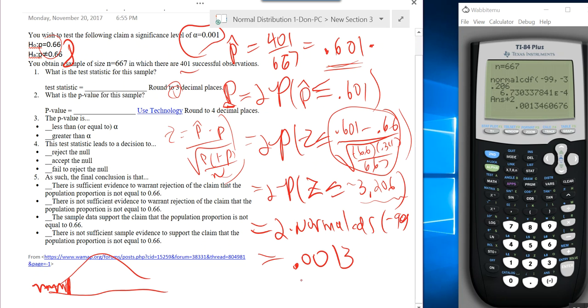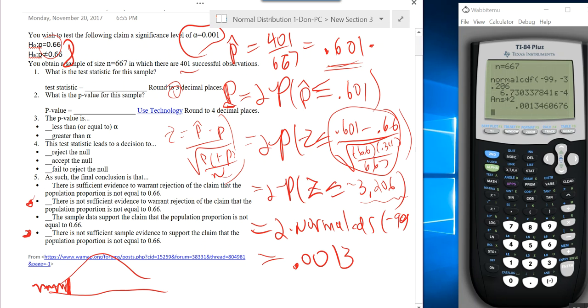Alpha is 0.001, so the p-value is actually bigger than alpha, which means we are going to fail to reject the null hypothesis and say there is not sufficient evidence. Better be careful.